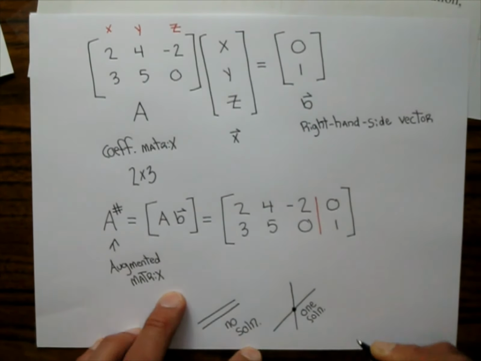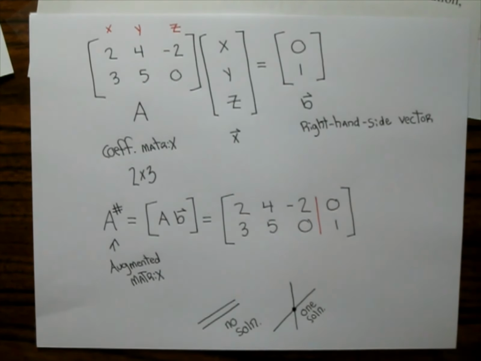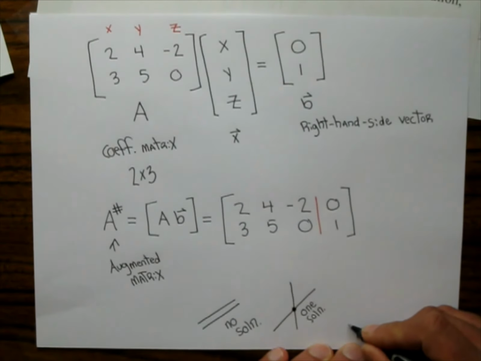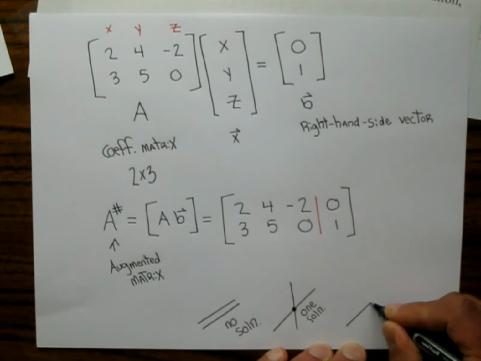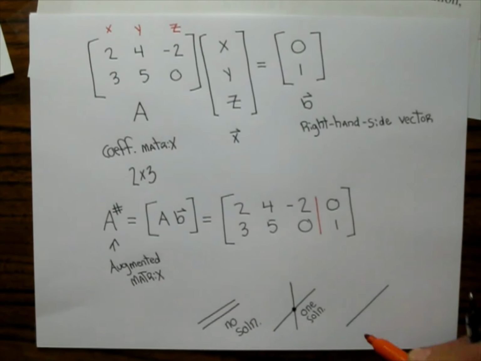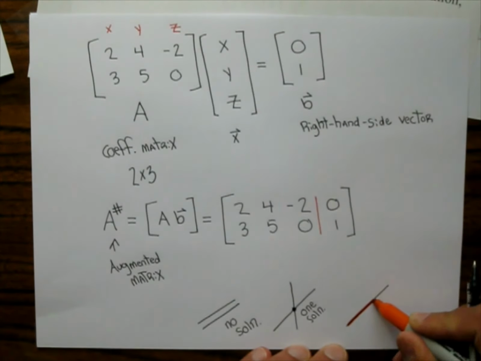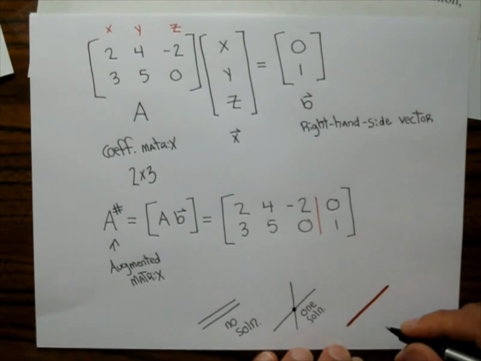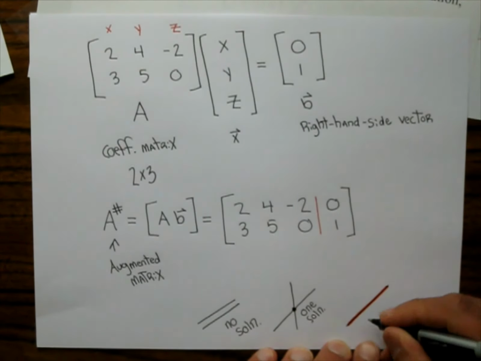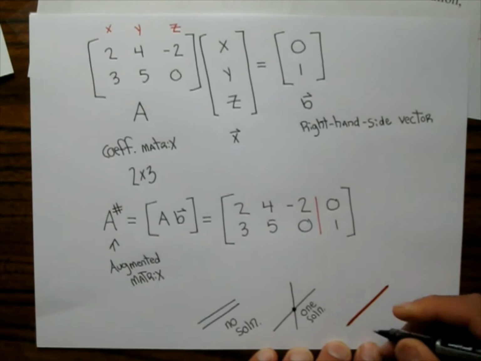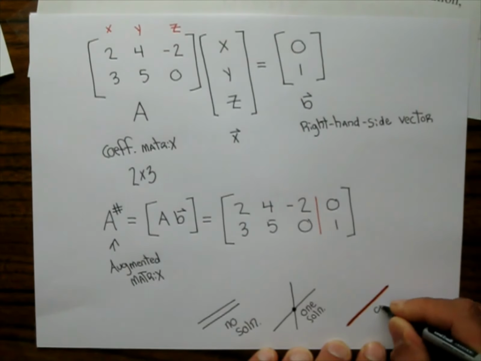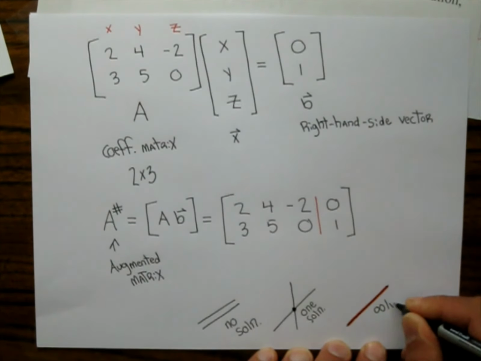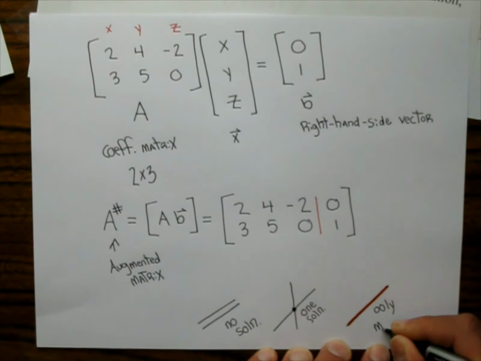And then the one that people really are not big fans of is you have 1 line, and then the other line is on top of that 1 line. Okay, so the other line will be in orange, which means how many points do they have in common? Infinitely many points, and so this is infinitely many solutions.